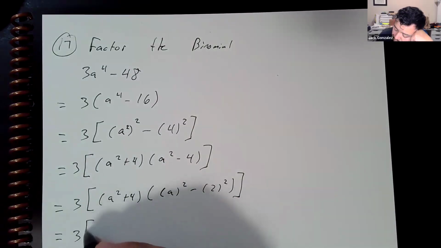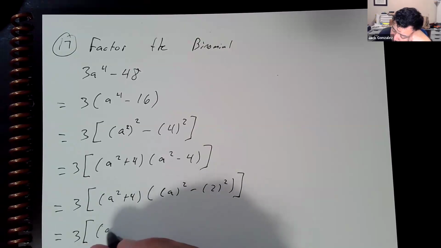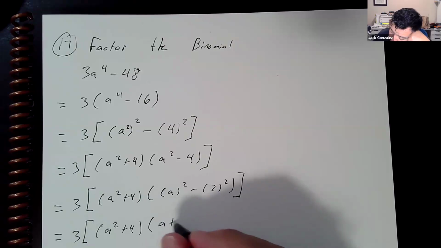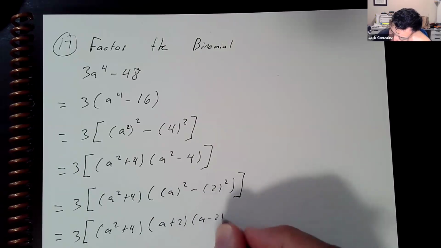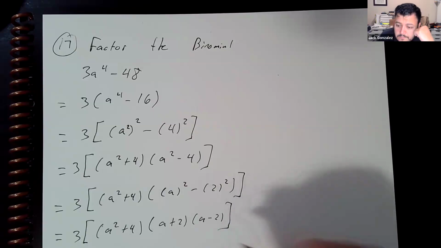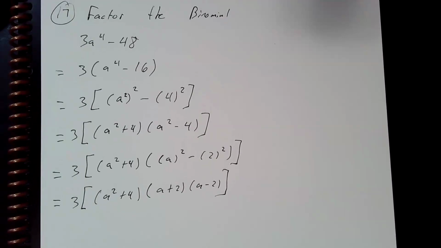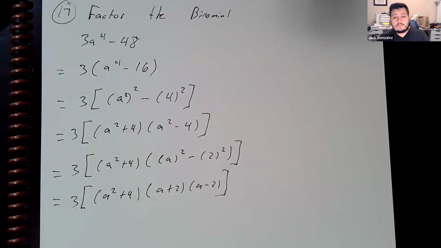So this happens every once in a while. You've got to do it twice. So you get a plus 2, a minus 2. And that's pretty much it for this section.